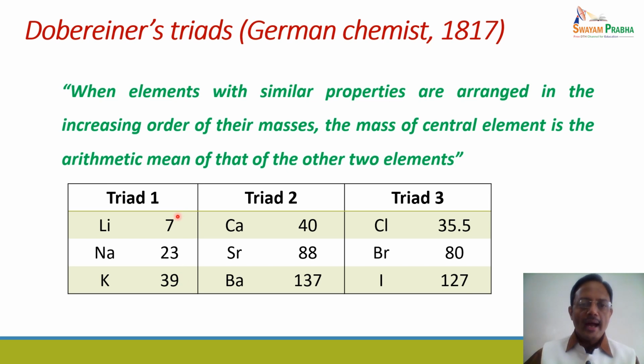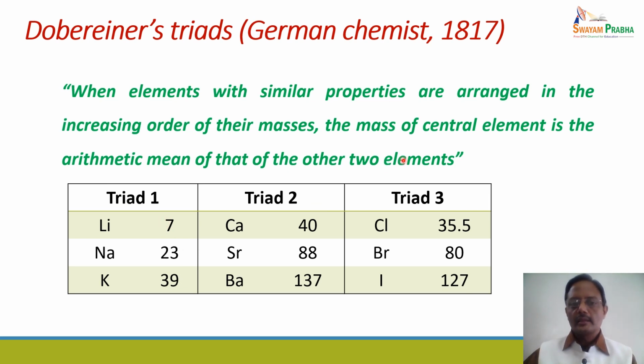If we add the masses of the two extreme elements, 39 plus 7 is 46, and the arithmetic mean of these two is 23, which is equal to the atomic mass of sodium. So what Dobereiner stated is found to be correct for this triad.